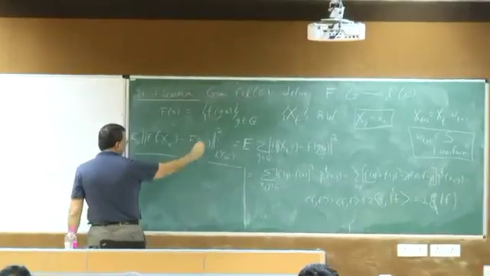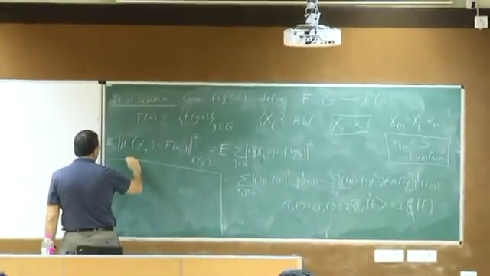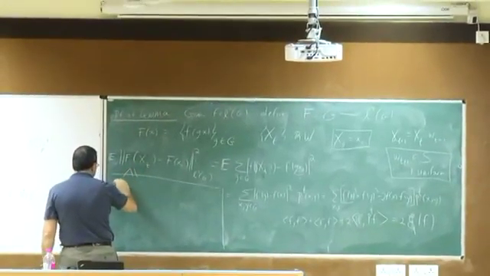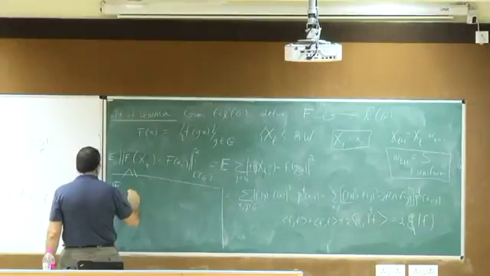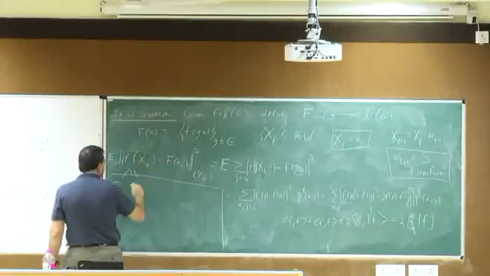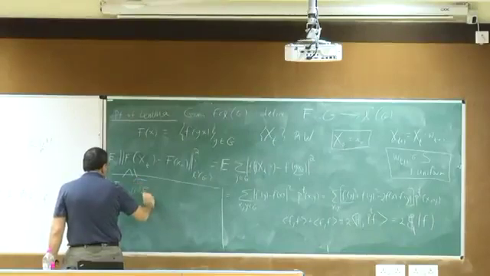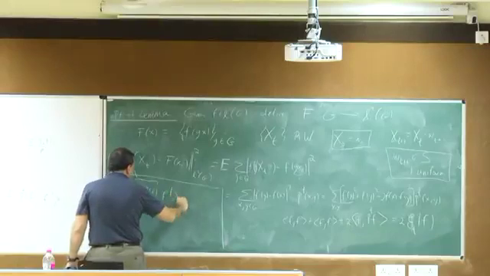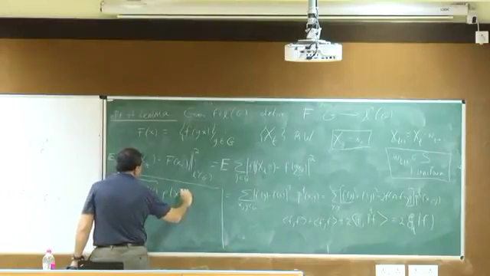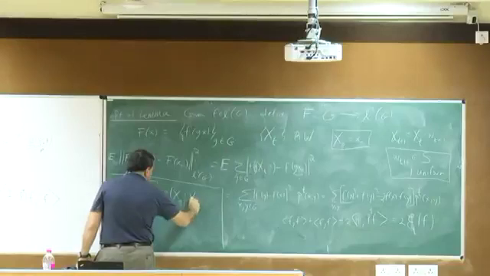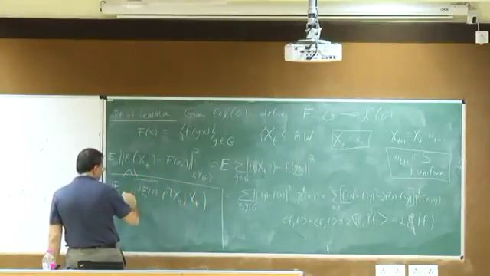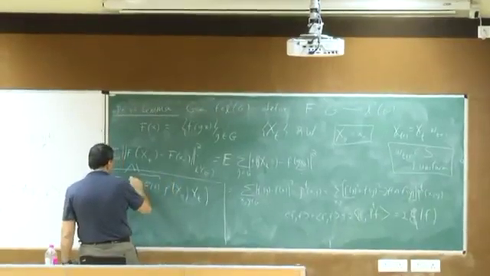So I'm going to continue from this quantity and say this is at most the expectation of this constant. So f of xt minus f of x0 I can bound as follows: root 2d E1 of f times rho of x0 and xt, and all of this is squared.